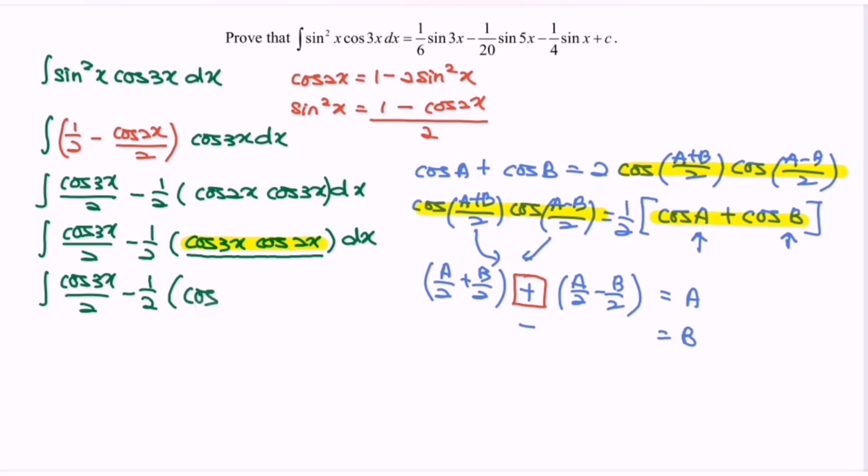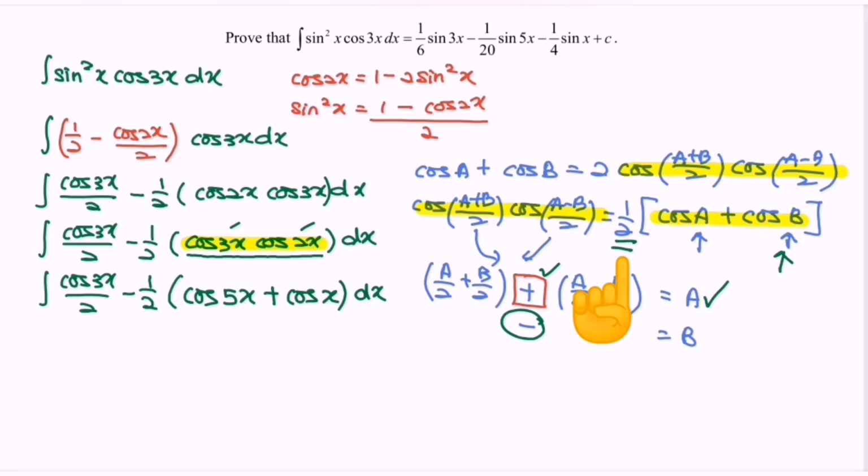We have cos A. In order to find the A, we need to add on the angle where we have 3x plus 2x. 3 plus 2, we will have 5x. Continue, plus. In order to find the B, we have to minus. So 3x minus 2x, where we will have cos x. So based on the situation, do remember, we still have 1 over 2. So for this part, it will become 1 over 4.